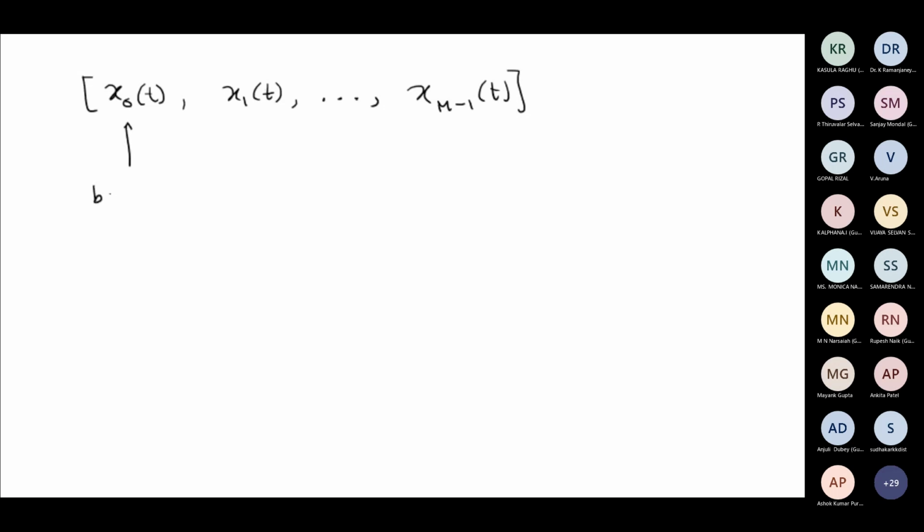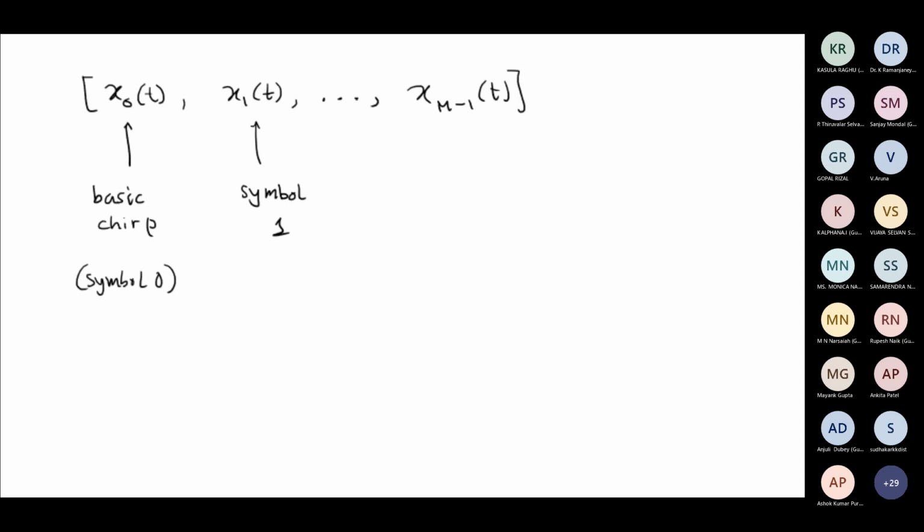So this x0(t) is the basic chirp, and the symbol x1(t) is the chirp number 1, or we call it the symbol 1, whereas the basic chirp is symbol 0. This is symbol 1, and so on.